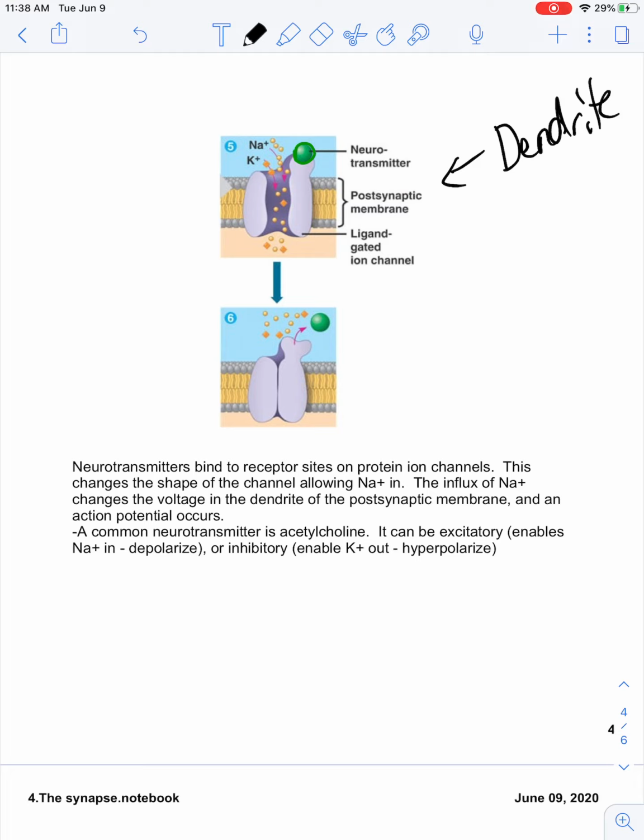The neurotransmitter that was released from the vesicle in the first neuron will bind to the channel, change its shape, and allow that flow in. Open the sodium channels. In goes the sodium. And again, once we change that voltage away from negative 70 millivolts in this second neuron, move it up to the negative 50, which is the threshold, boom, we'll get an action potential moving down that one.